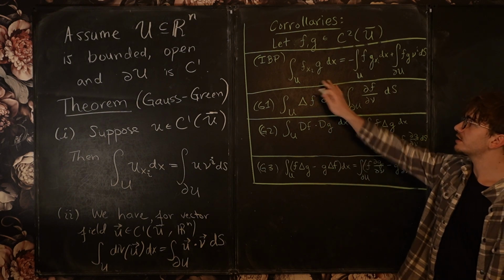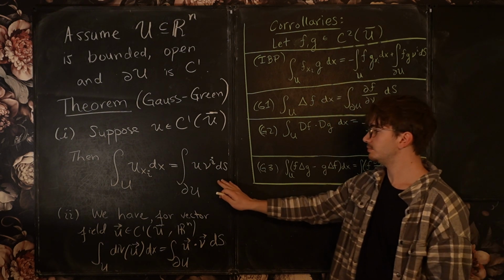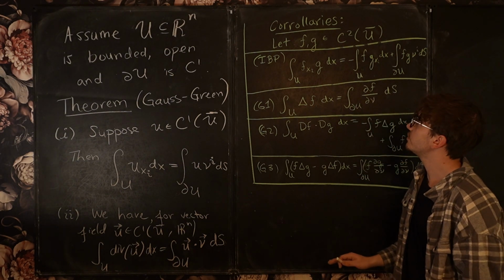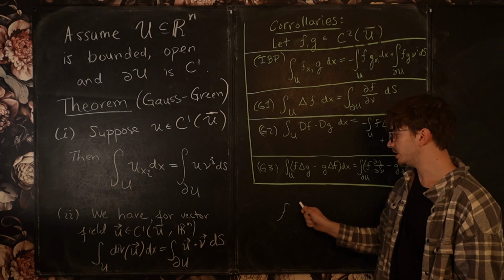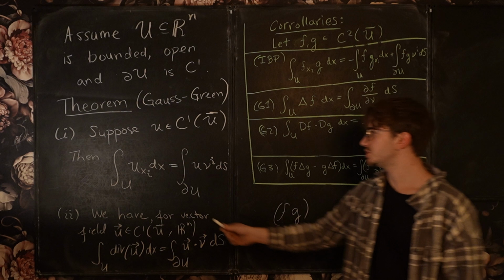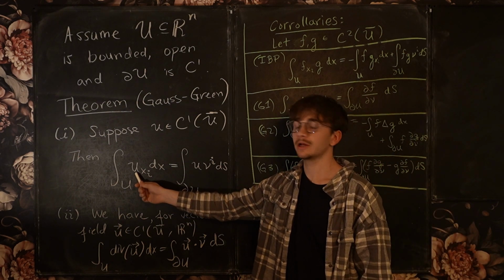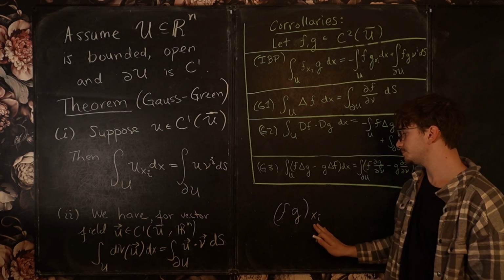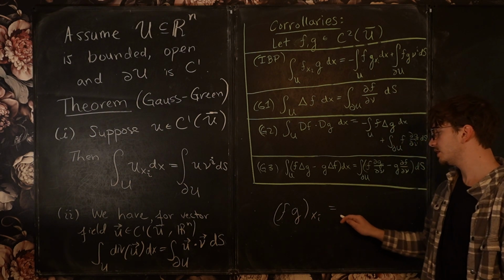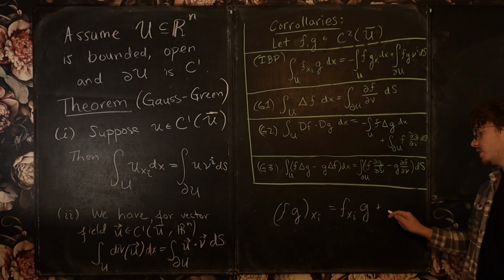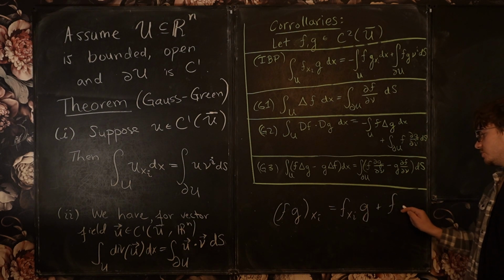And this is a direct corollary of part one, namely, if you just look at the function fg and plug in fg for u here, then if I take the x_i partial derivative of fg, this is just f_{x_i} g plus f g_{x_i}.